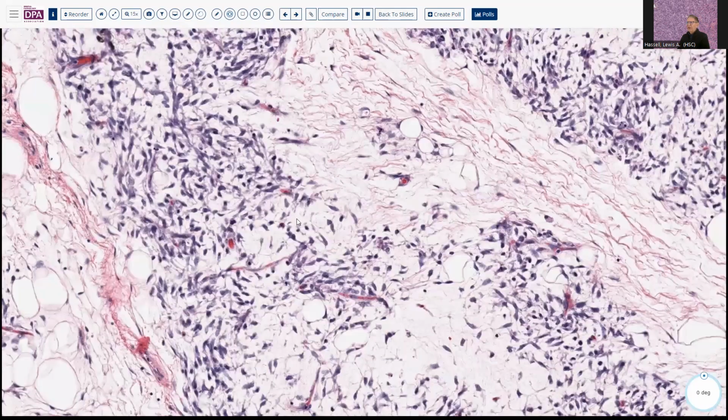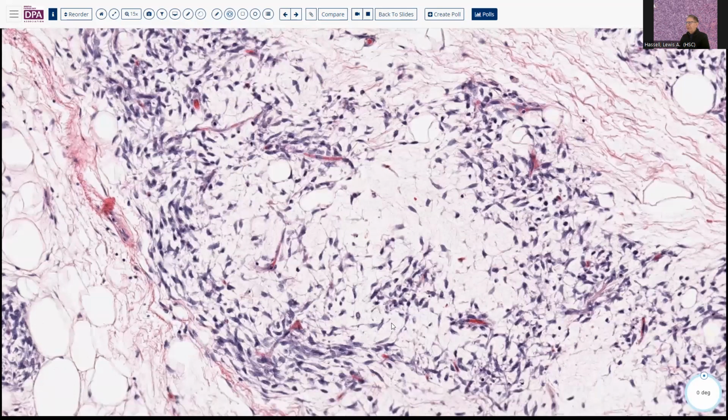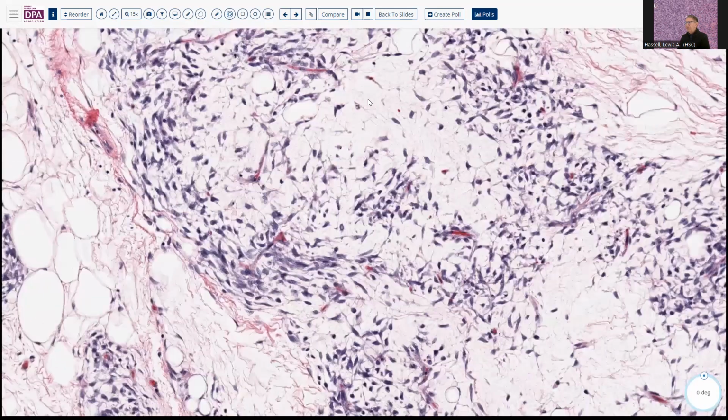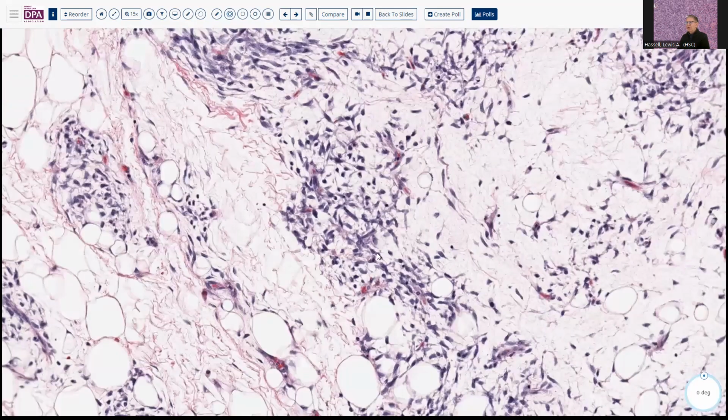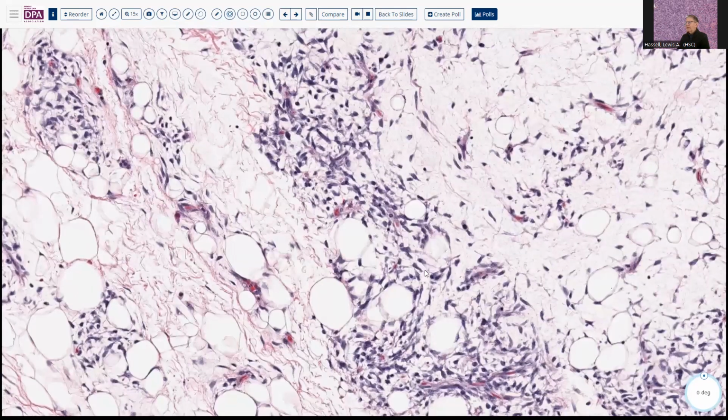Here's one where you've got nice indentation of the nucleus, a little bit of septation to them, and some other features that we typically associate with lipoblasts. So there's a little further on the spectrum.